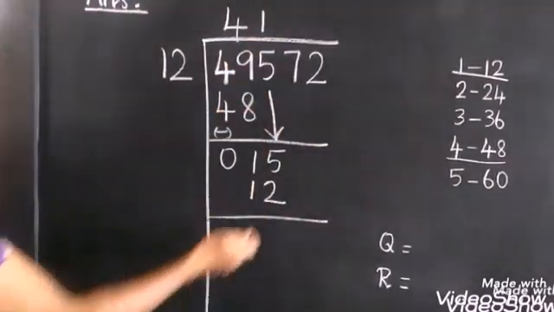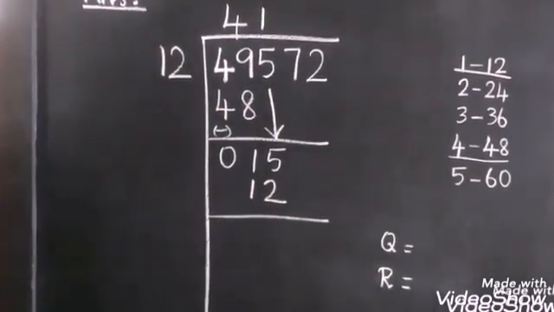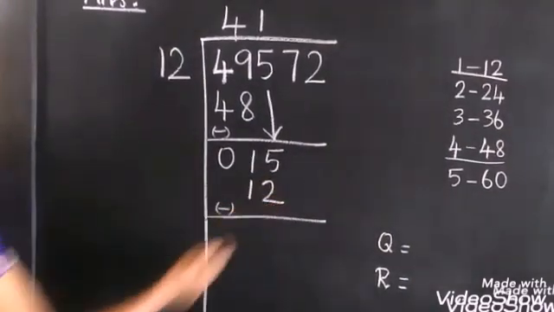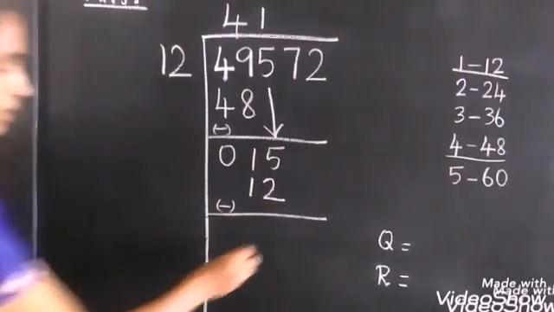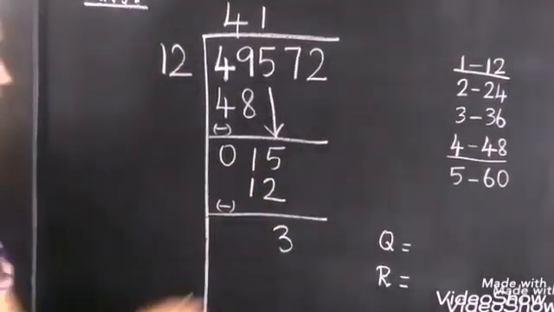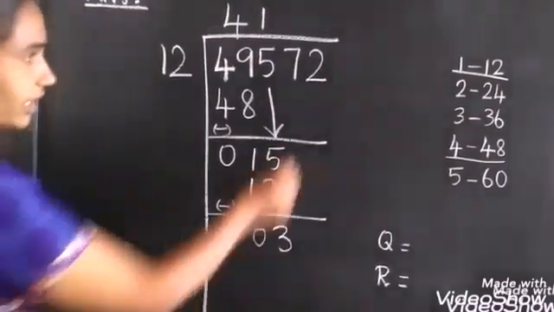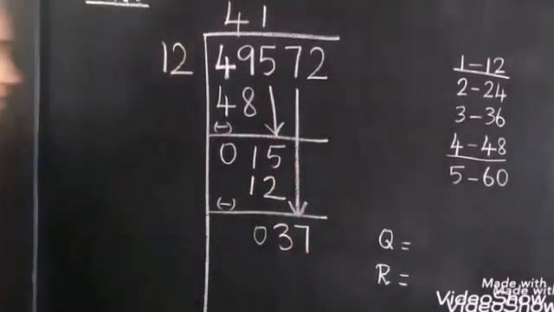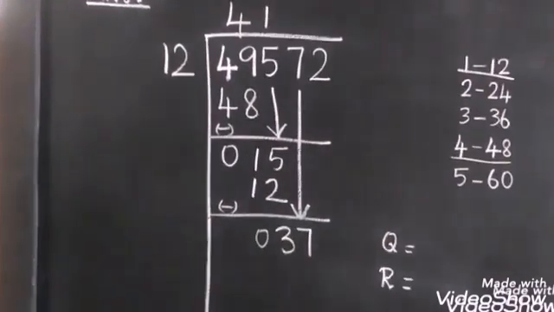In the quotient place we put 1, and here we write 12. Now we have to subtract. 5 minus 2, what will come? Yes, very good, 3. 1 minus 1, what will come? 0. Very good.